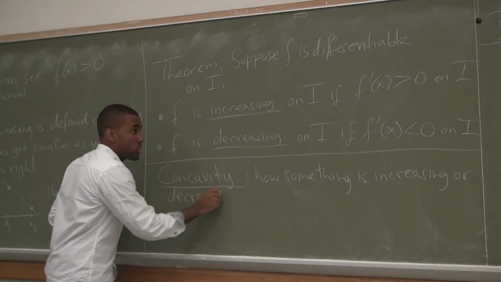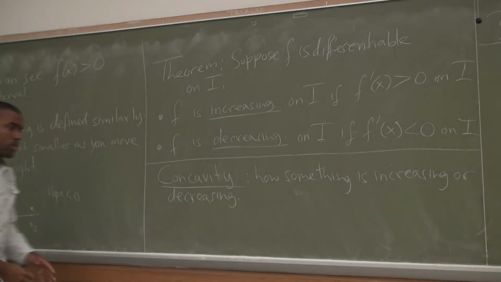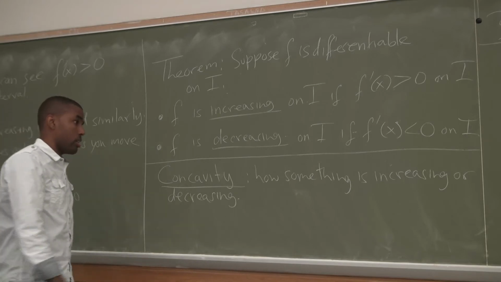And this brings with it its own shape on the graph. You can intuitively see what increasing and decreasing is on a graph, but what does it mean to have a certain concavity? We're going to make that precise now.